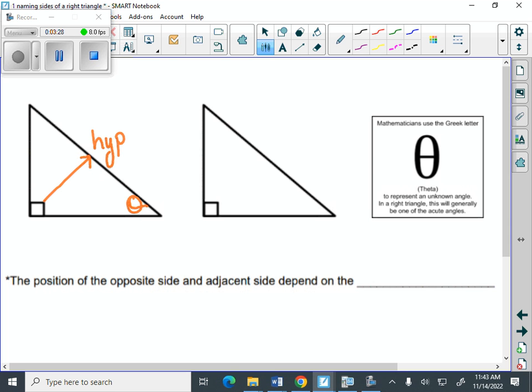And then the next one is the opposite. Going across from our angle, also known as the reference angle, is the opposite, which means that this third side of our triangle is the adjacent, which I will abbreviate as ADJ.